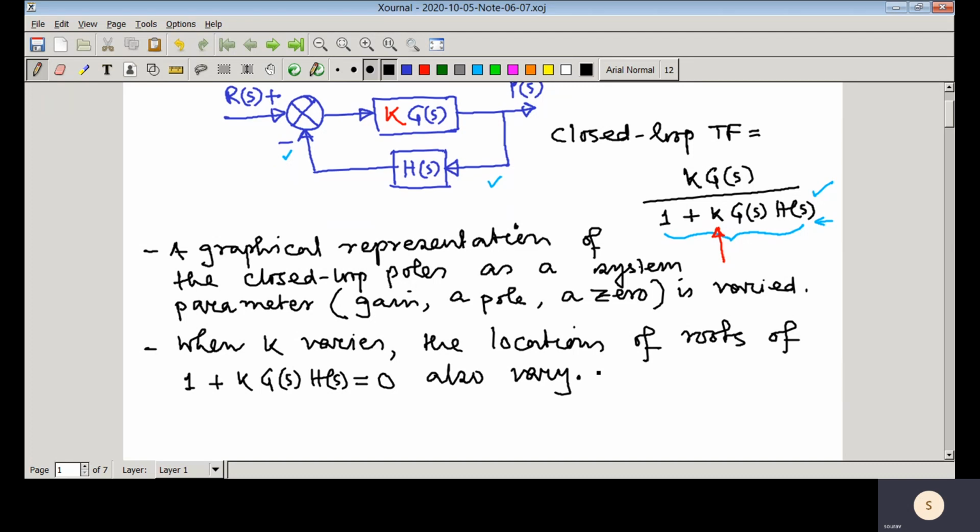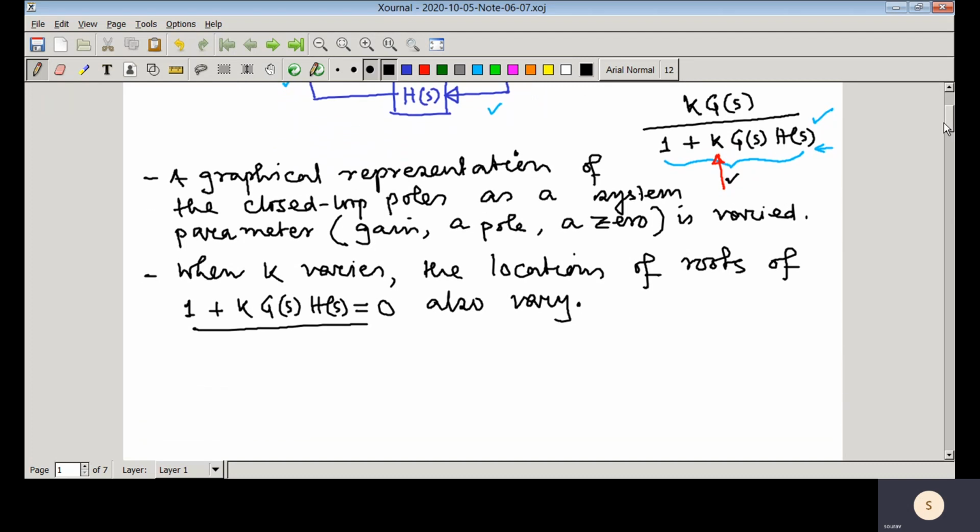So whenever K is varied, the roots of this characteristic equation, which are the closed loop poles, also vary. If we plot those closed loop poles as K is varying, that is the root locus. The plot of varying roots is the root locus.